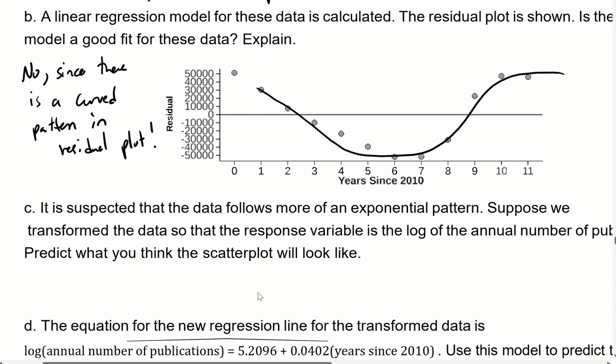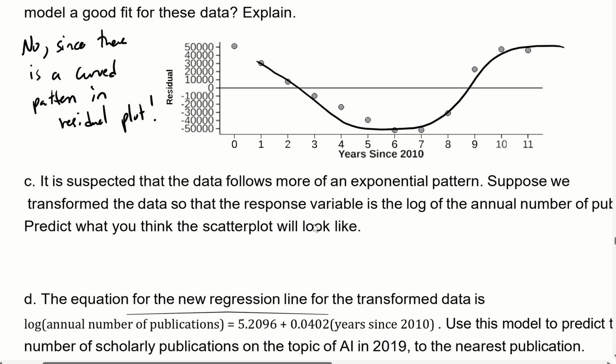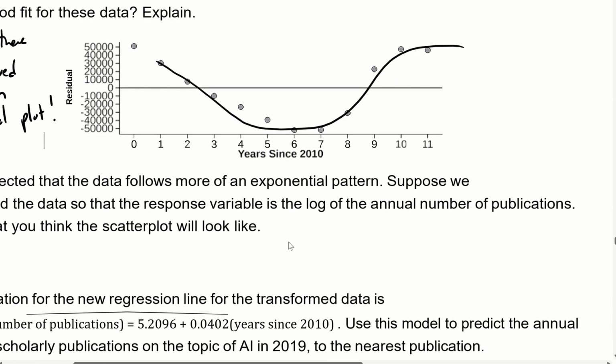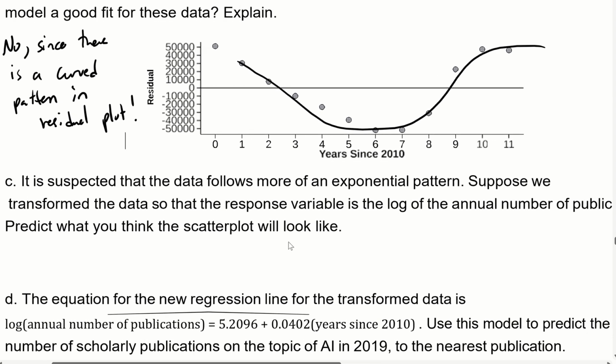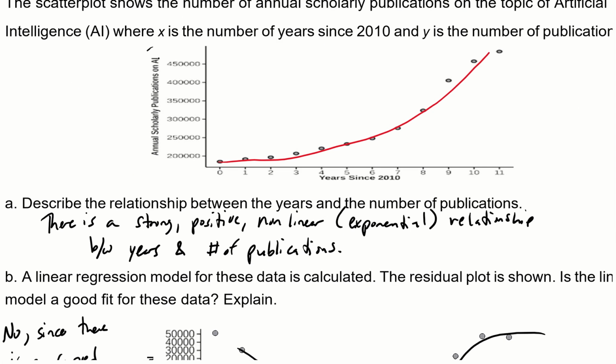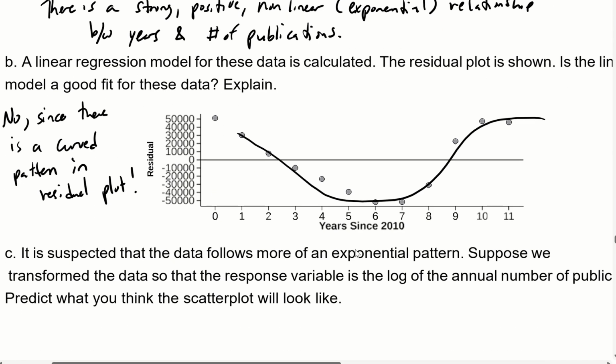Okay, it is suspected that the data follows more of an exponential pattern. Suppose we transform the data so that the response variable is the log of the annual number of publications. Predict what you think the scatter plot would look like. Well, if it's an exponential pattern, then when we take the log of the y-axis, it's going to make it linear, okay, if it's exponential.